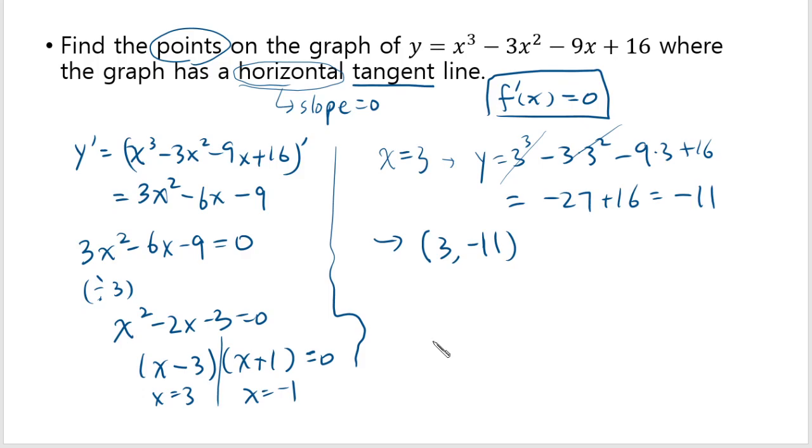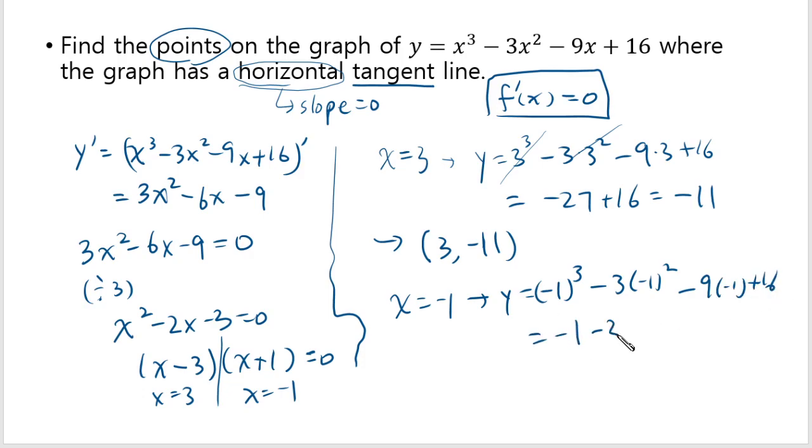Okay, and then if you have x equals negative 1, then y would be negative 1 cubed, which is negative 1, minus 3 times negative 1 squared, which is minus 3, minus 9 times negative 1, plus 16. Let's see, that's negative 1 minus 3 plus 9 plus 16, and that's going to be 21.